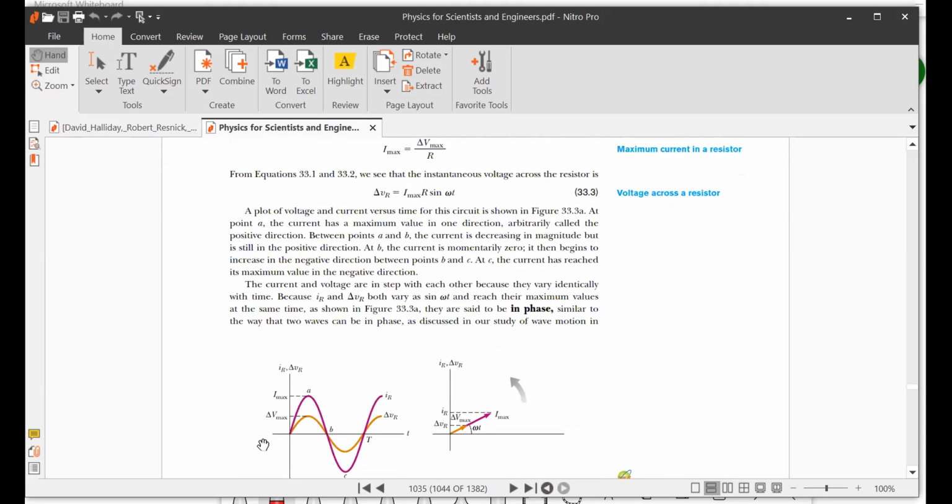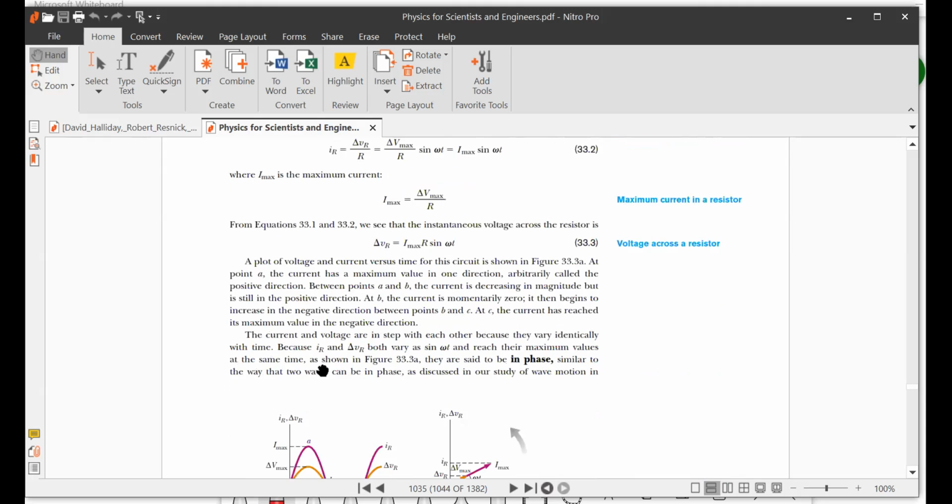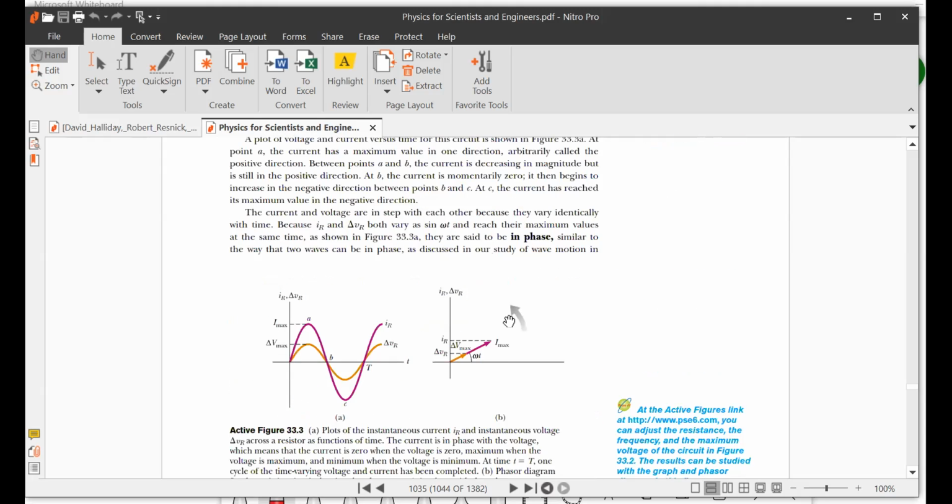Okay, so if we draw, for example, this IR against delta V, then we get this picture. This is called a phasor diagram.